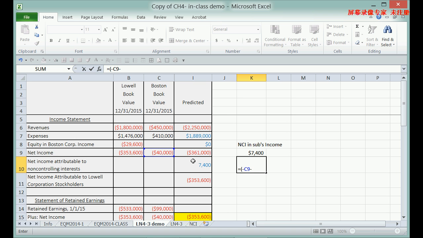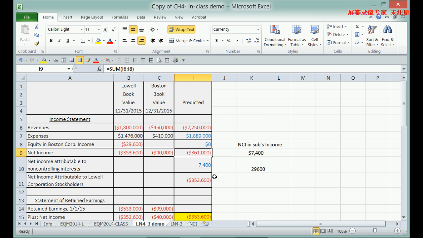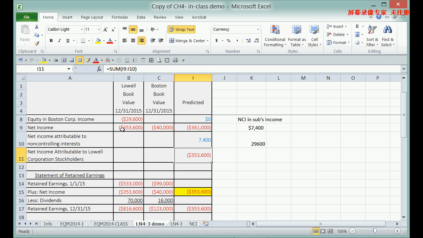This minus 3,000 multiplied by 0.8. That's exactly this number, right? So basically, when we take this out from the net income, the rest becomes the parent's net income. Just want you to be sure, if you don't get these two numbers the same, there must be something wrong in your consolidation.